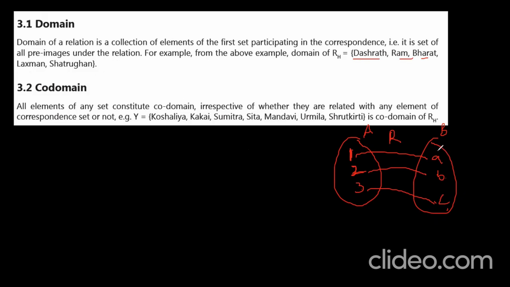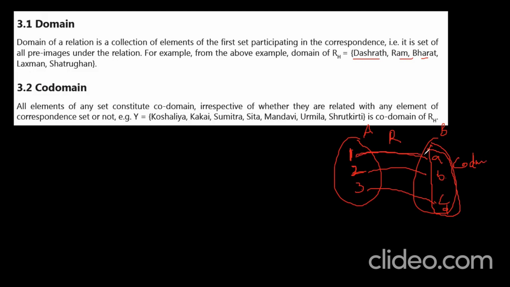Suppose I have one more element D here. This is the domain, and the total elements A, B, C, D can be called the codomain.